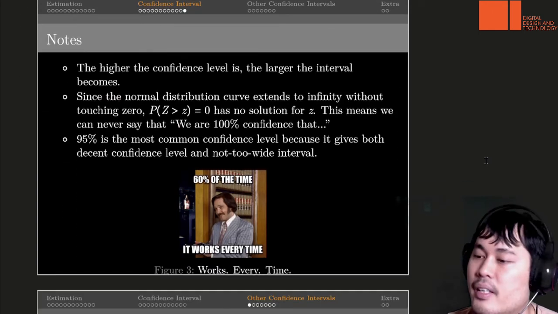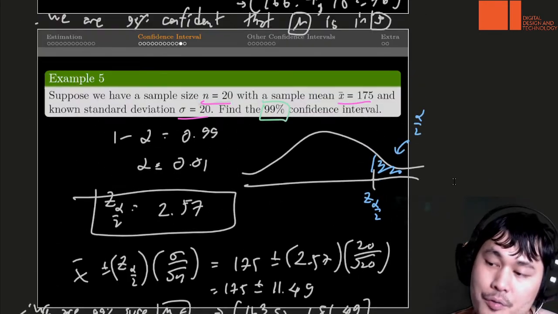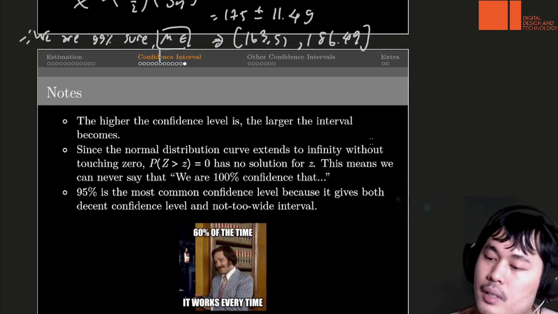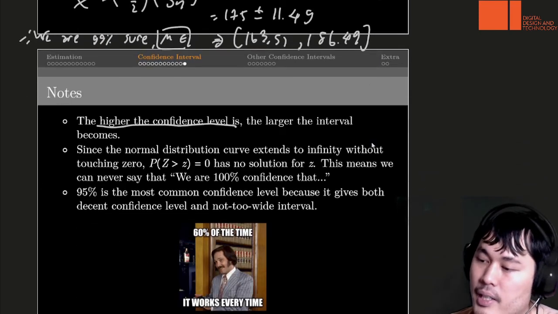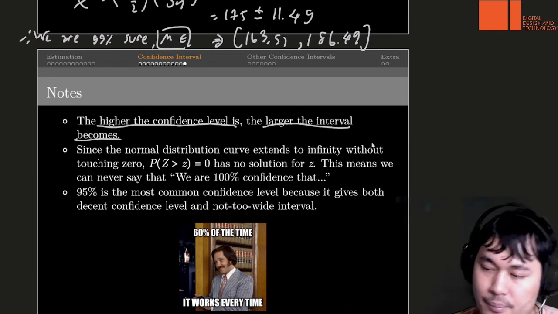And there are some remarks here that you may notice from doing these 3 examples. The first remark is that the higher the confidence level is, the larger the interval becomes.